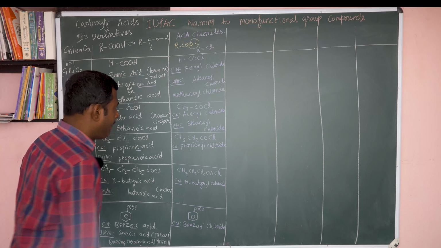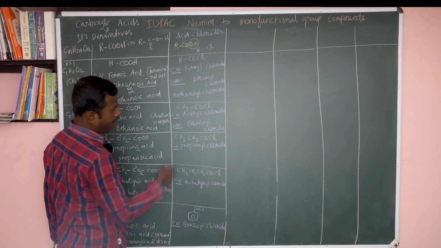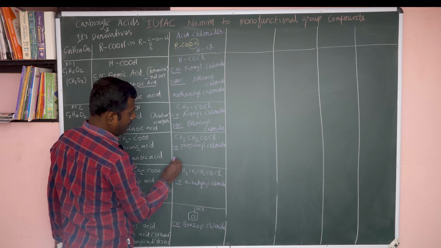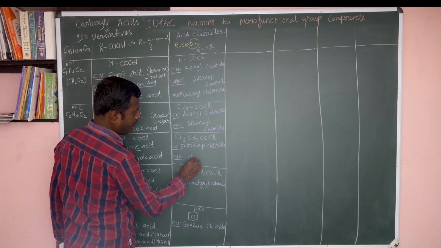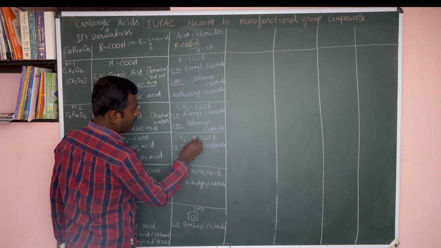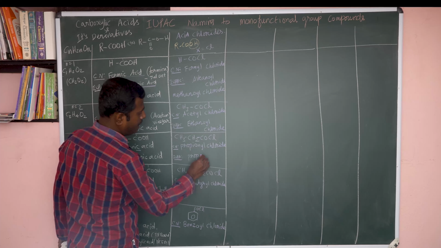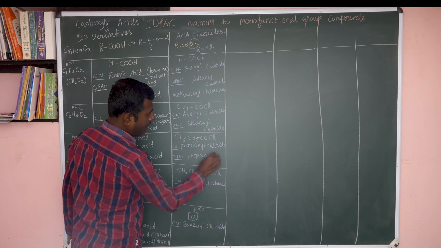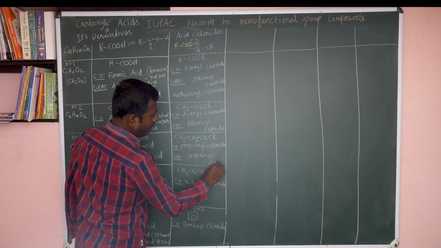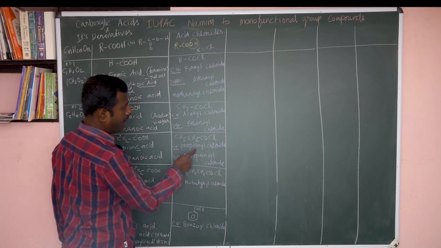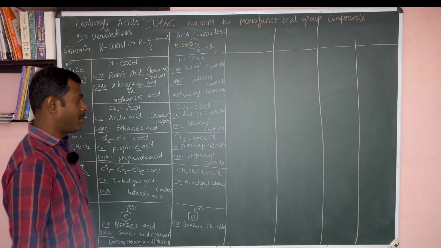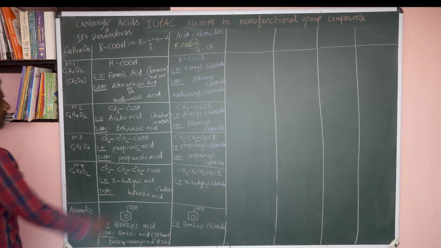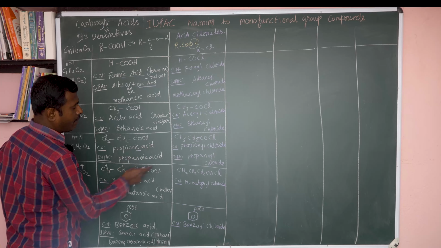Understood? Okay. Propionyl chloride, and its IUPAC name, what will it be? Easily you can tell. 3 carbons, so prop; only single bonds are present between carbon atoms, so an, oyl chloride: propanoyl chloride. See carefully, propionyl chloride is the common name, propanoyl chloride is the IUPAC name. For the acid, propionic acid, propanoic acid.